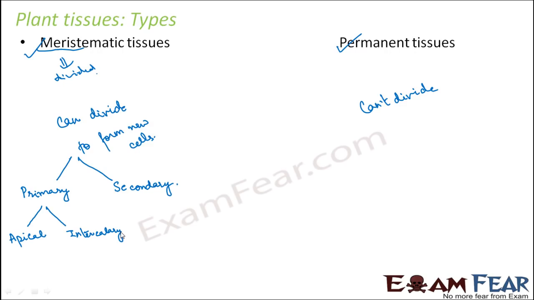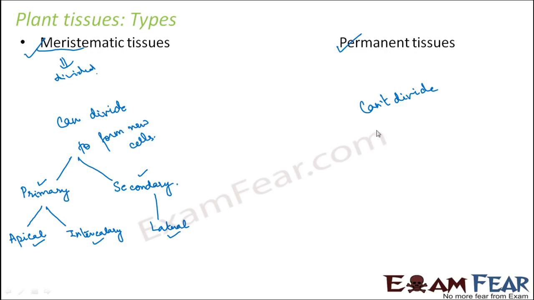Whereas under secondary meristematic tissue comes the lateral meristem. This is how the meristematic tissues are divided. We will talk about each of these tissues, primary, secondary, apical, intercalary and lateral, in the coming slides.